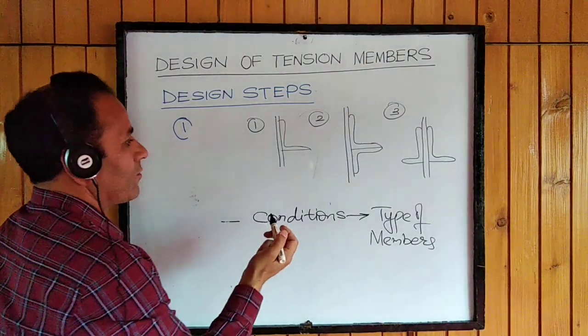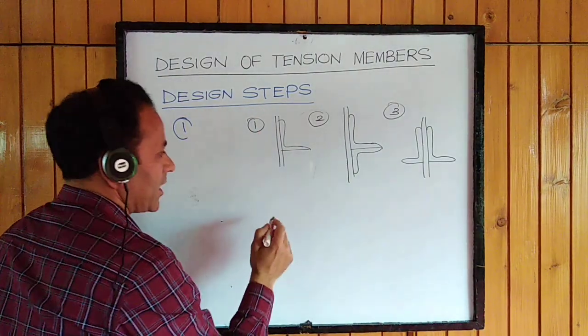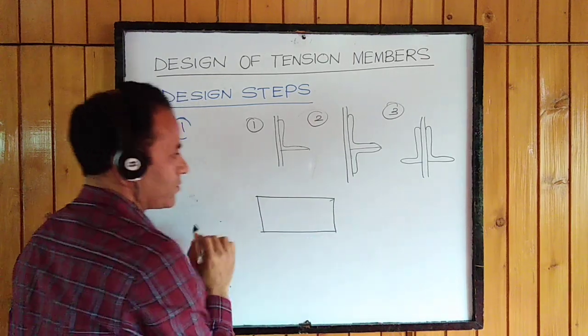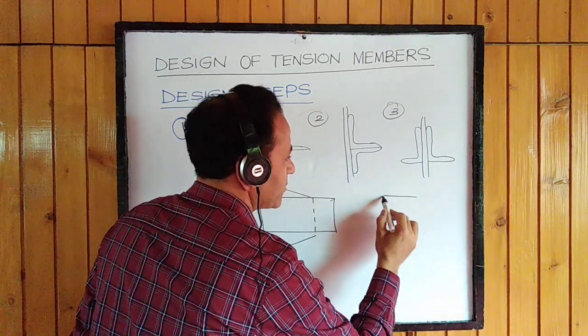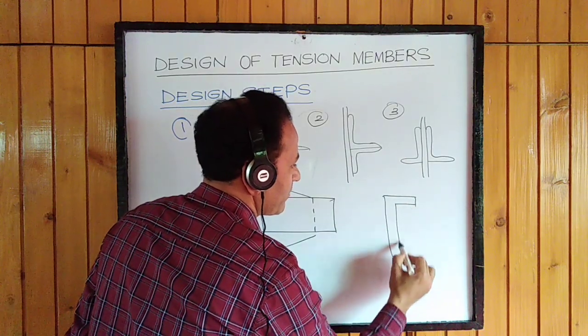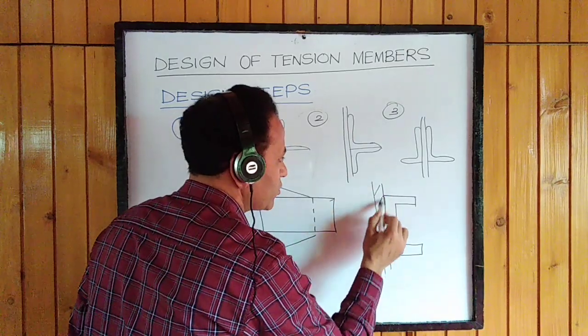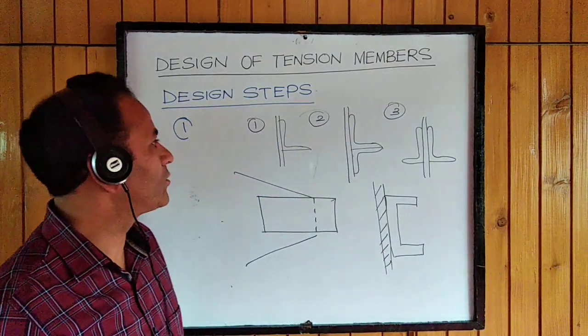Then it may also be other structural elements, say a flat to be used as a tension member, or a channel section to be used as a tension member. So if this member is given, we have to carry out the design using those structures.